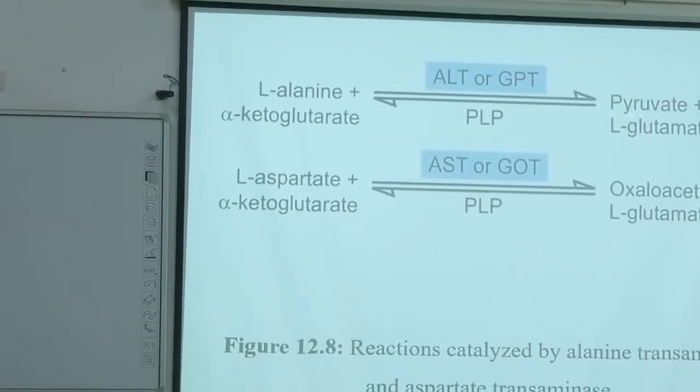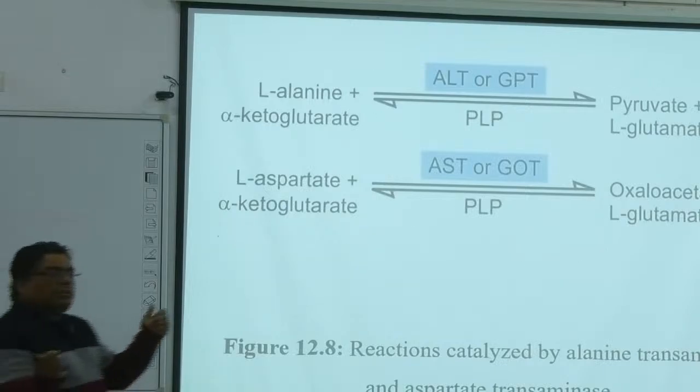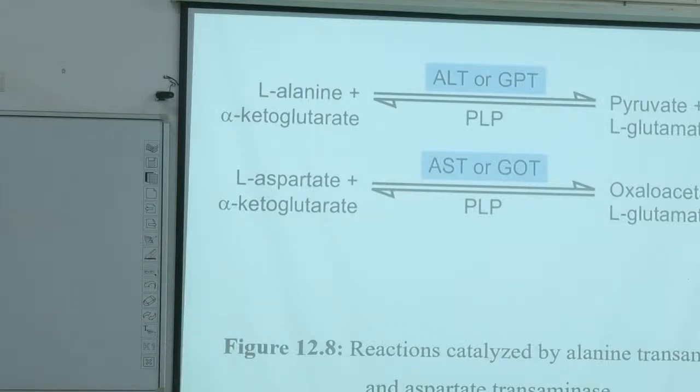Pyruvate is a substrate for which reaction? Gluconeogenesis. That's why it is called a glucogenic amino acid: those amino acids which can directly participate in the formation of glucose.